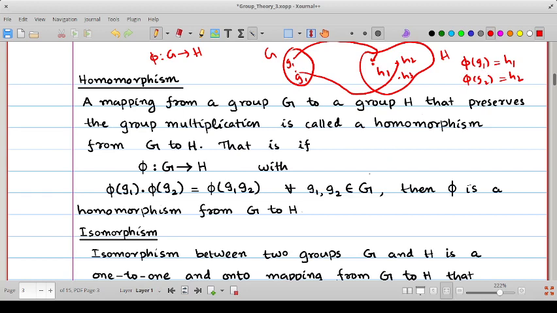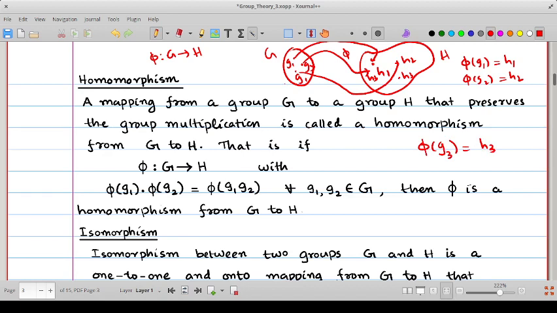That is, for any two elements, say G1 and G2, the multiplication of G1 and G2 gives another element G3 within the group. And let the element G3 be mapped to some other element H3 in the group H via this mapping phi. Or in other words, phi of G3 is equal to H3.